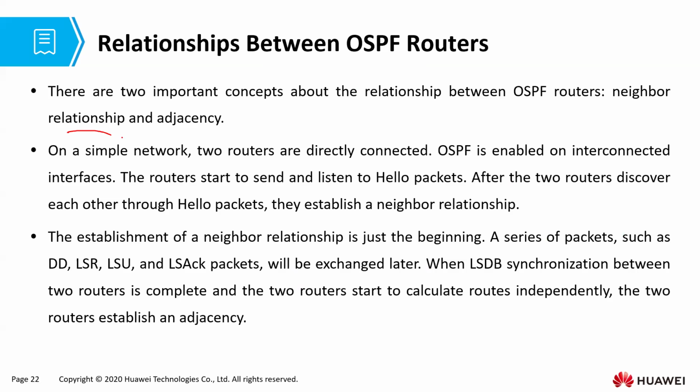Adjacency, on the other hand, is after LSDBs are fully synchronized. So when we talk of adjacency, it means we have fully synchronized our databases. Hello packets are exchanged, DDs are sent, LSRs and LSAs are sent, and the LSDBs are synchronized. That's where we talk of adjacency.